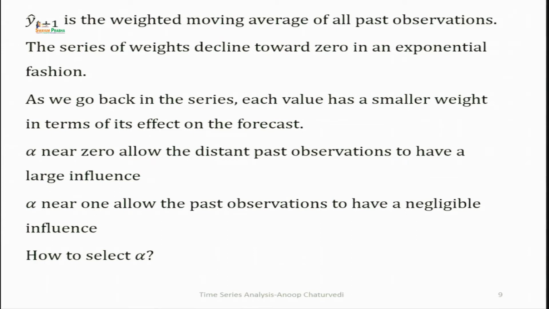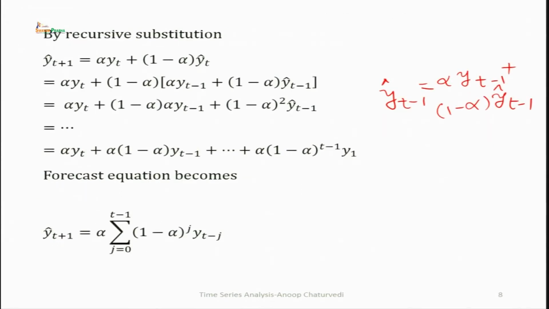Again, you look at this expression. Now, alpha lies between 0 and 1. So, 1 minus alpha also lies between 0 and 1.